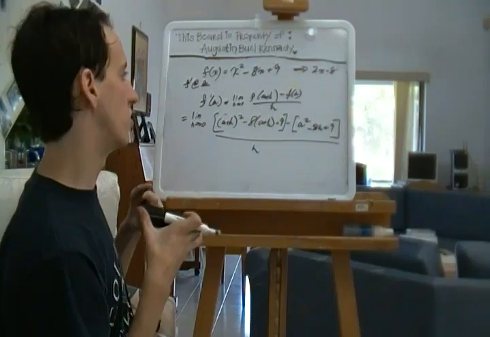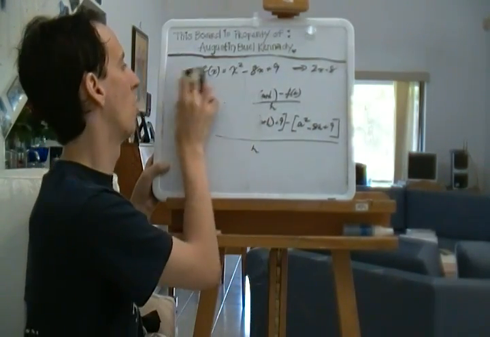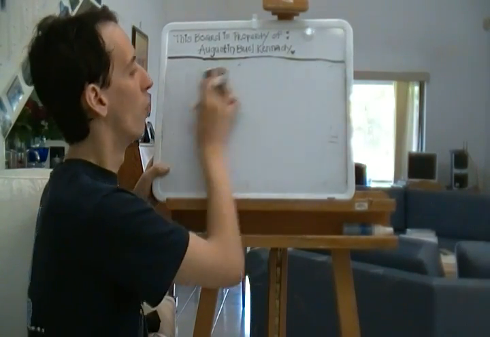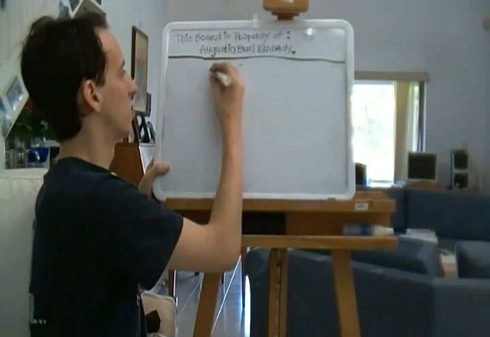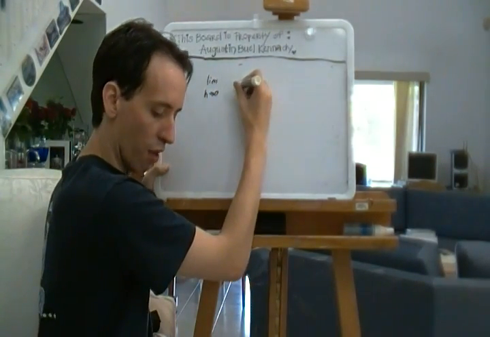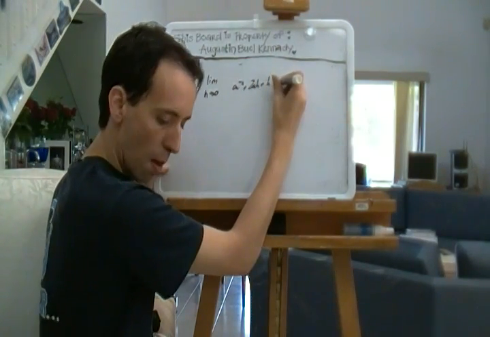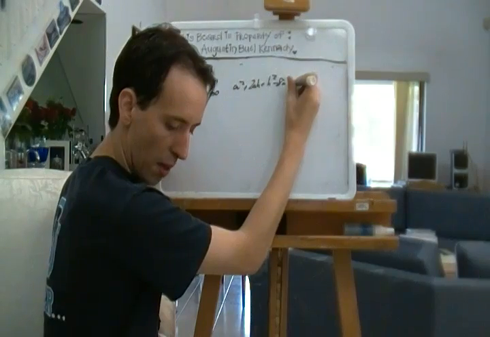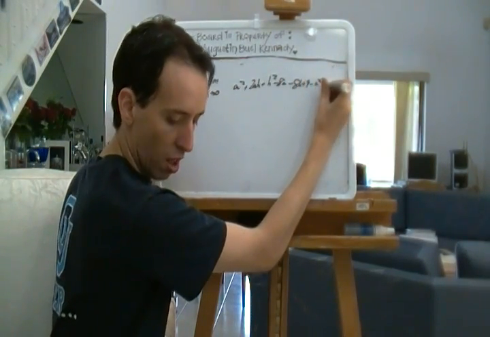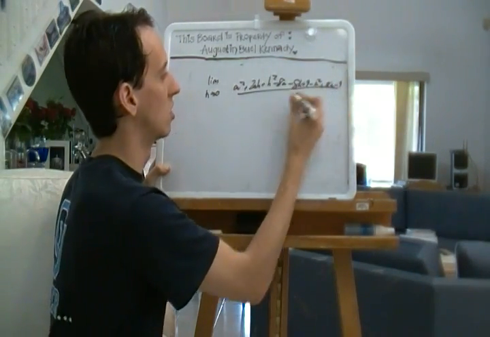Now you've got to expand this, and you remember how to expand polynomials. It's not so rough. What you end up getting is the limit as h approaches 0 of a squared plus 2ah plus h squared minus 8a minus 8h plus 9 minus a squared plus 8a minus 9 over h.